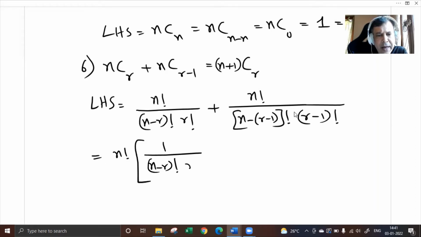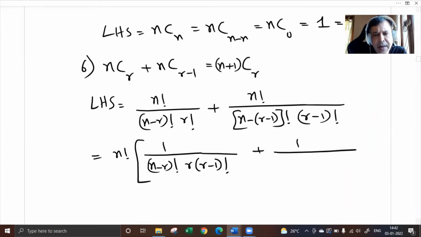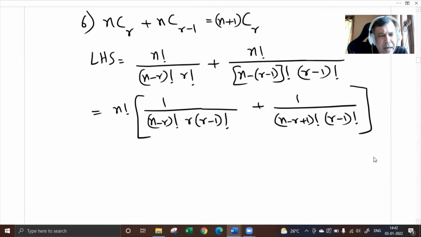r factorial I can write as r into (r minus 1) factorial, plus, already I took n factorial outside, so I can write 1 divided by, and if I take this negative sign inside the brackets, it becomes (n minus r plus 1) factorial into (r minus 1) factorial. Now we may notice (r minus 1) factorial is common in this. We can take that outside in the denominator.